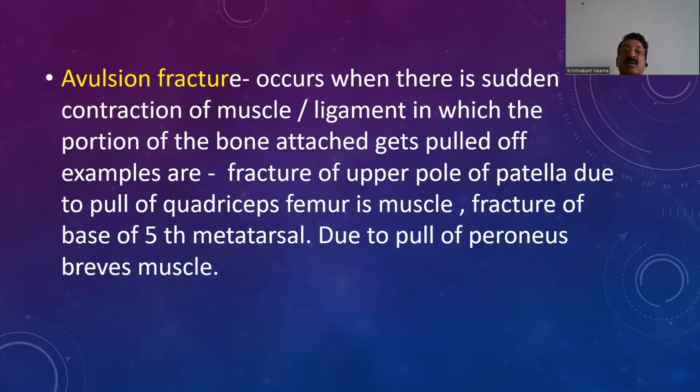Examples are fracture of the upper pole of the patella due to pull of the quadriceps femoris, and fracture of the base of the fifth metatarsal. This is an avulsion fracture. This is also called Jones fracture, and it is due to the pull of the peroneus brevis muscle.